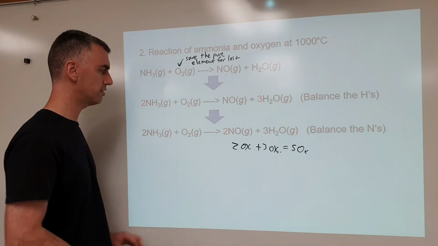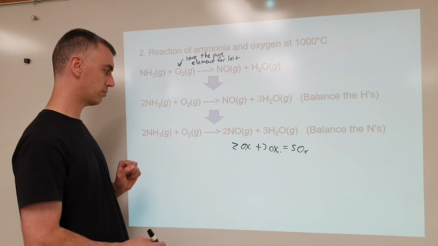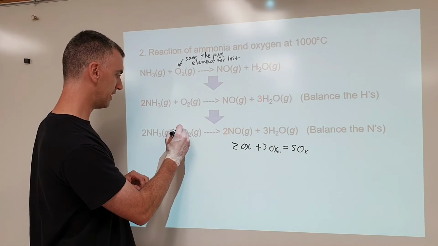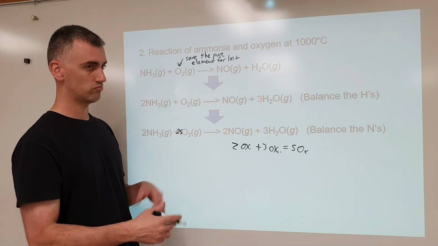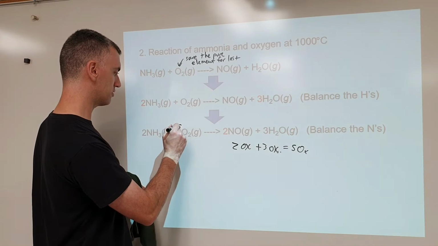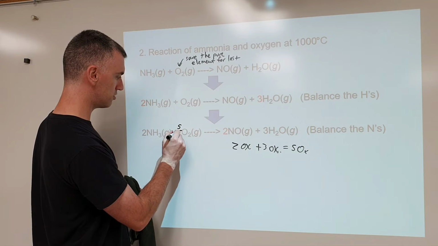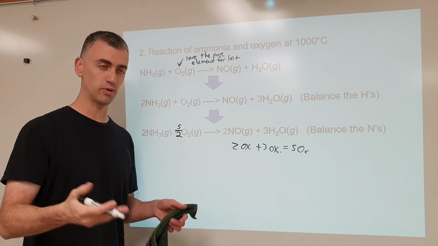So what am I going to do? There's a couple different ways I can approach that. I can just say, if I had 2.5 of these, that would make 5 oxygens. Or I could say, I need 5 oxygens. Each molecule has 2. So I need 5 halves, and 5 divided by 2 is 2.5.